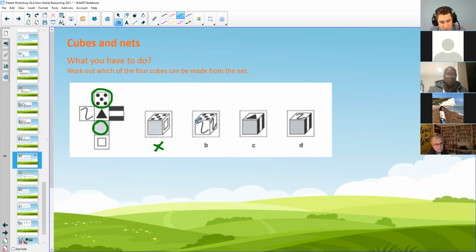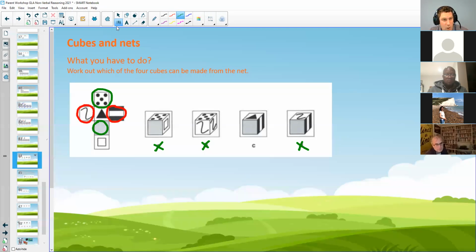Now, we've got this sort of Z shape here. Well, it actually appears twice on B, so I can remove that one. The other thing that we should be aware of is that this shape, the zigzag, can't touch this shape. So if they're next to each other, and as they are here, they're touching, we can rule that out. I've only got one left.